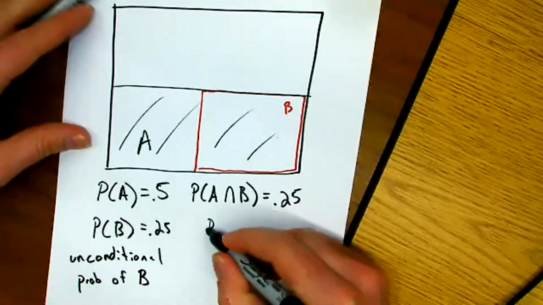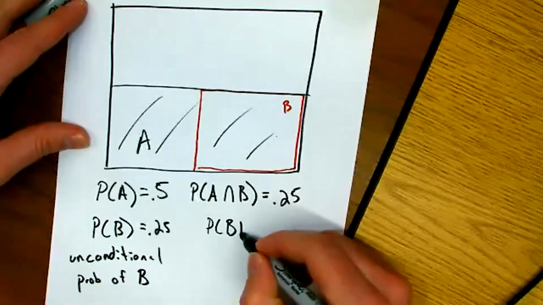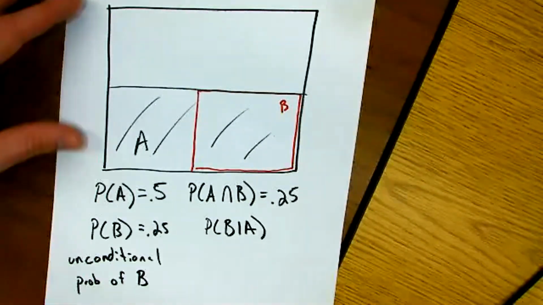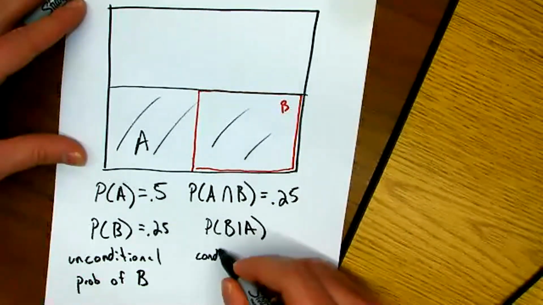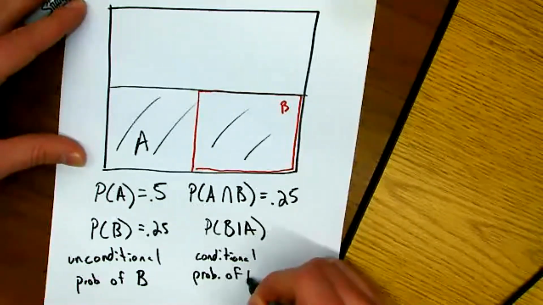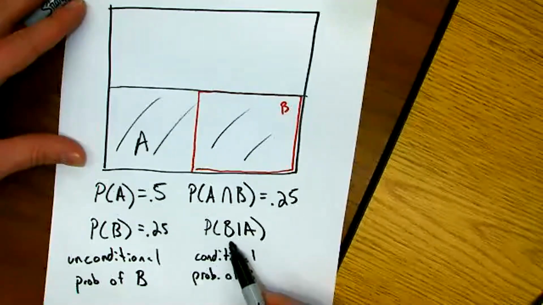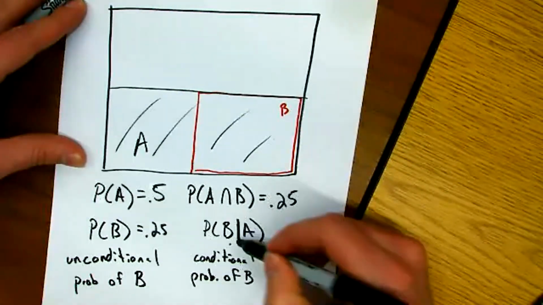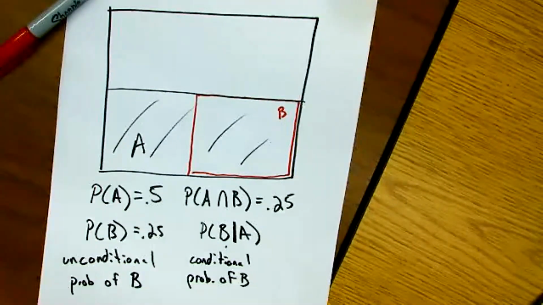What if I want the conditional probability of B? Because we're still looking for the probability of B, but we've now conditioned on something else.